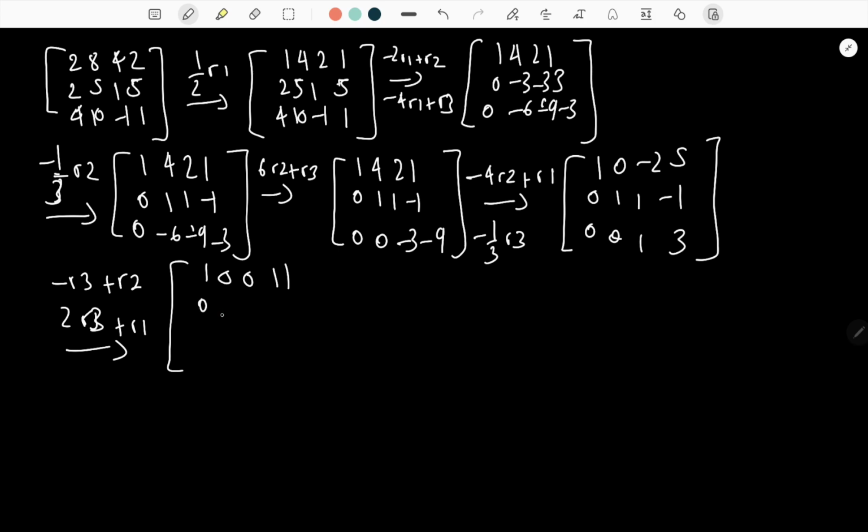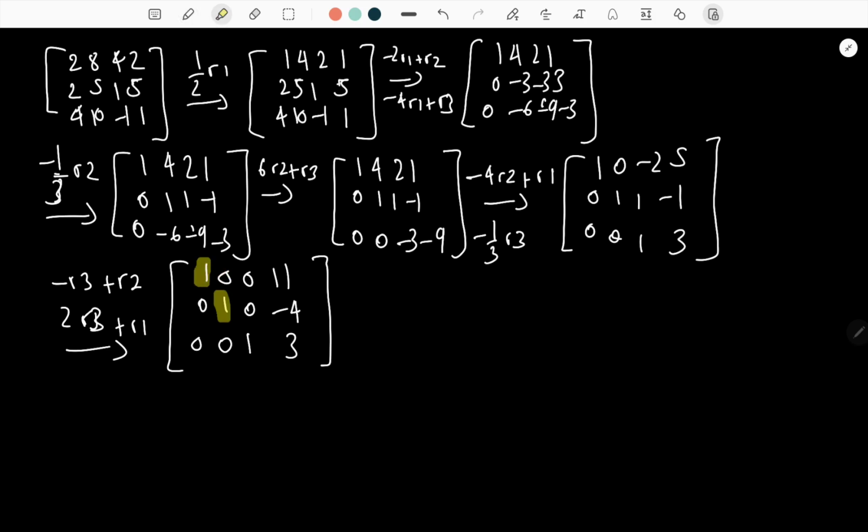Again, I'm saying this, be very careful when you're doing these calculations, because one silly mistake will mess up your answer totally. So this is the final answer. Now to recheck, we can find the pivots and see if it fulfills the conditions.